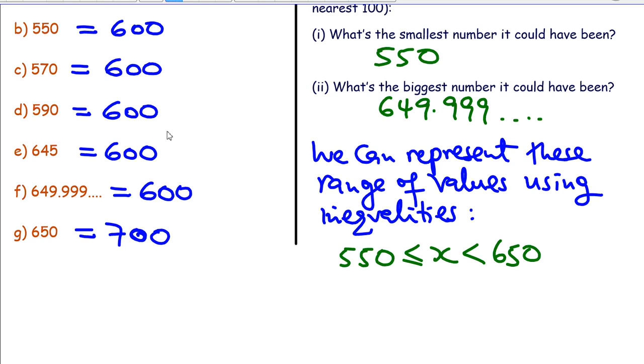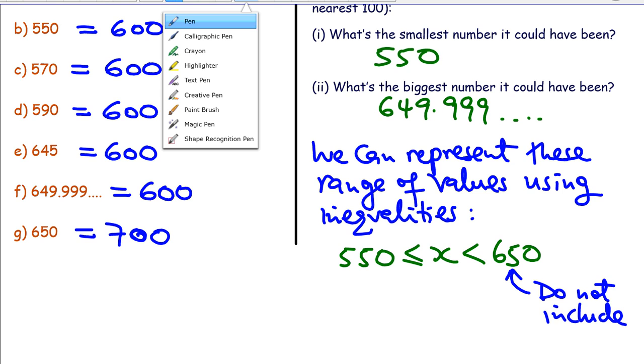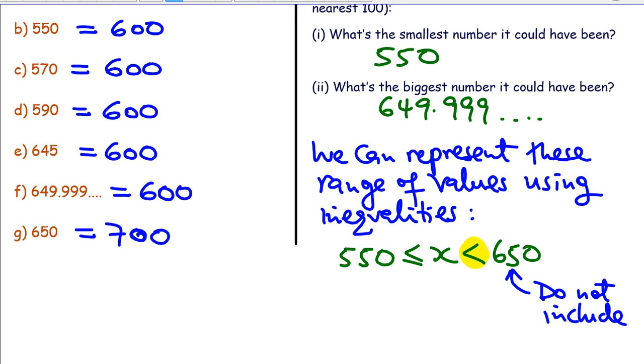But now, the fact that I've used this symbol here means do not include this guy, but a number close to 650 will be the biggest number, which happens to be 649.9999. So instead of writing 649.99, I'll just write 650, but use that inequality to show that that number is not inclusive.